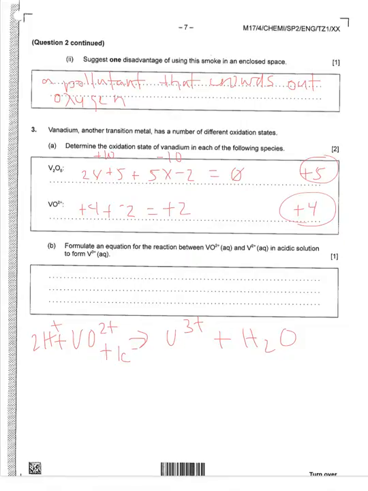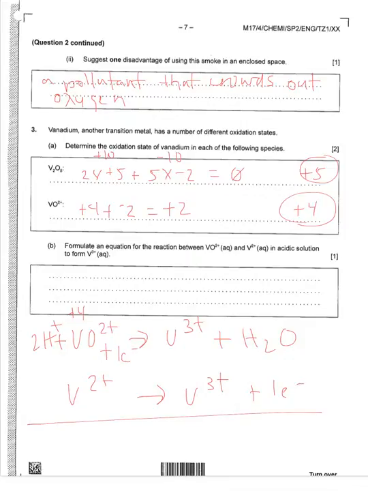And then my V2+ becoming V3+. And that makes sense because remember, vanadium's a +4 here, and it's being reduced to a +3. And then V2+ to V3+, I don't need to add any oxygen, so then I don't need to add hydrogen. I just need the 1 electron on this side.